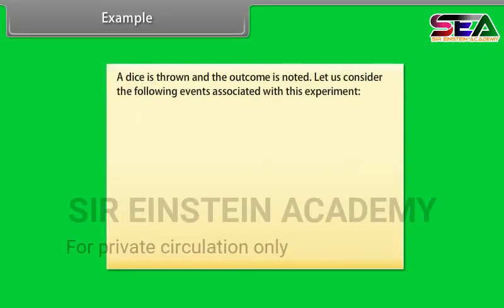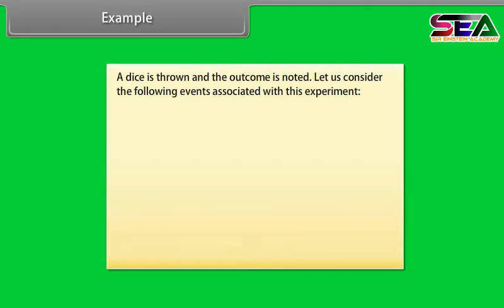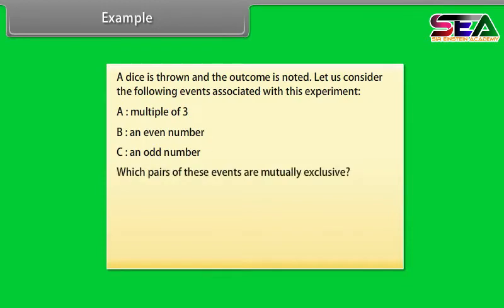Example. A dice is thrown and the outcome is noted. Let us consider the following events associated with this experiment. A: multiple of 3. B: an even number. C: an odd number. Which pairs of these events are mutually exclusive? Solution.